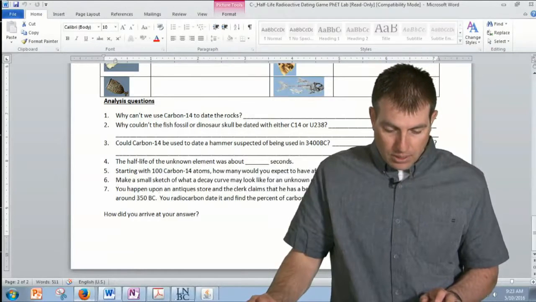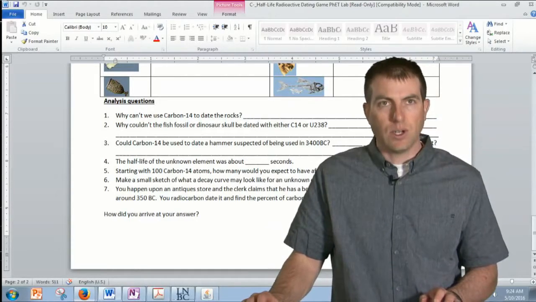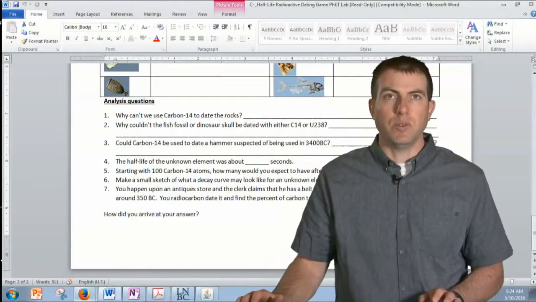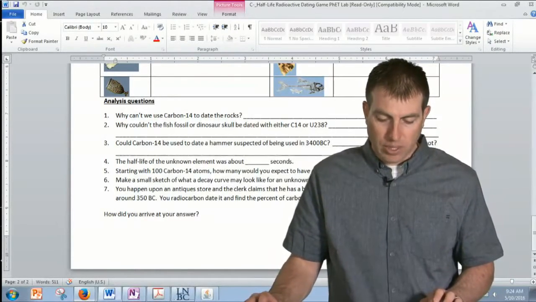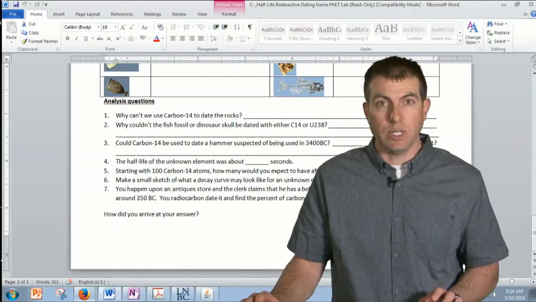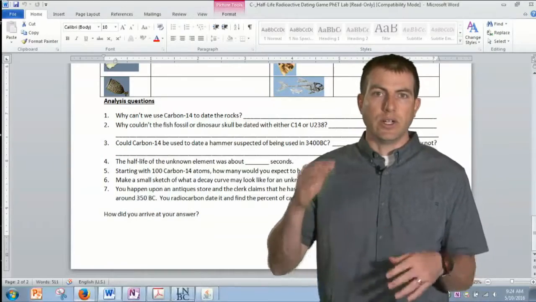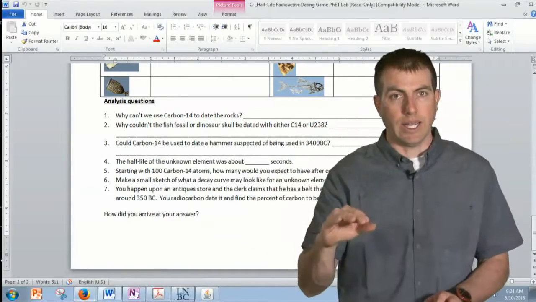And then this last question, find the percentage of carbon to be 75%. That means you haven't even gone through one half-life yet. You're about halfway to a half-life. If you had 50% remaining, you would be exactly one half-life. But because you have 75% remaining, you're about halfway between where you started and a half-life.